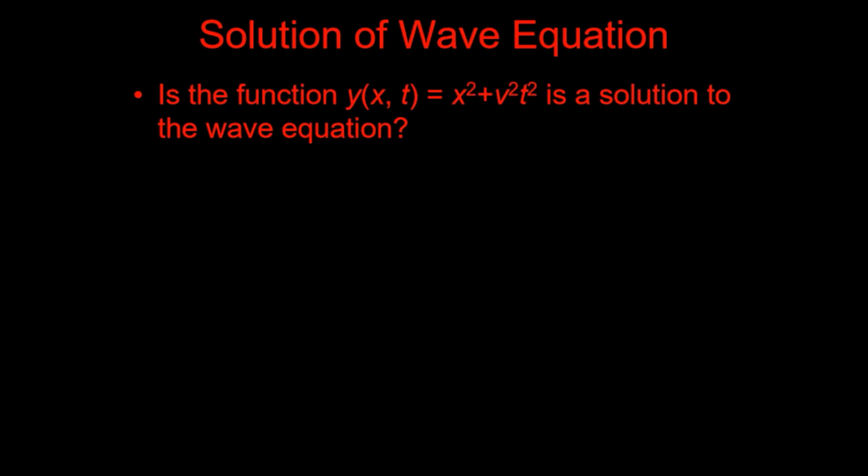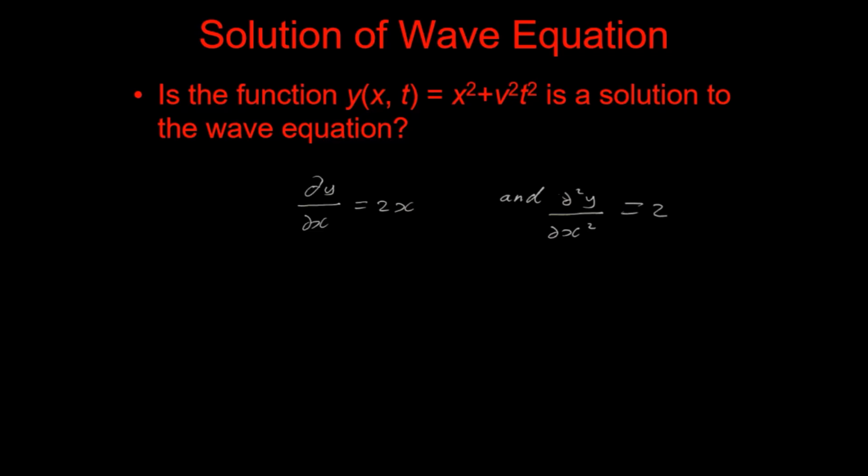So we just saw in our previous case the proof of the wave equation, and essentially we have to do the same thing. So here we've got y equal to x squared plus v squared t squared. dy by dx here will give us 2x. A partial derivative d squared y by dx squared will give us 2.